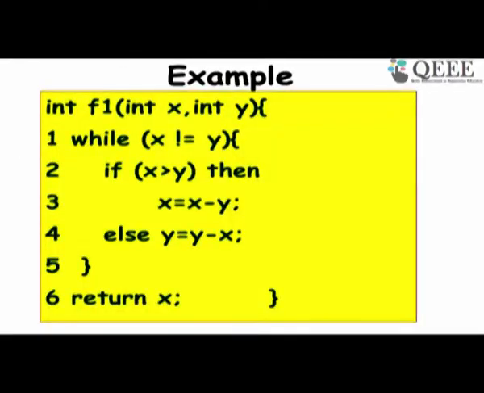Now let's take the same example. How many test cases will be needed here for branch coverage? We need this to be set true and false. In the earlier case, we just had 2 test cases, which achieved statement coverage. But here, how many test cases will be needed for branch coverage?